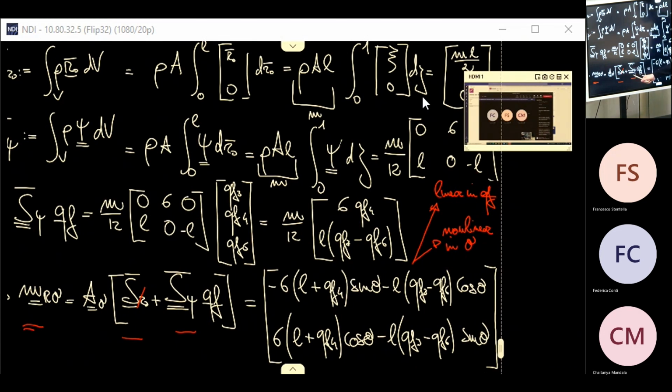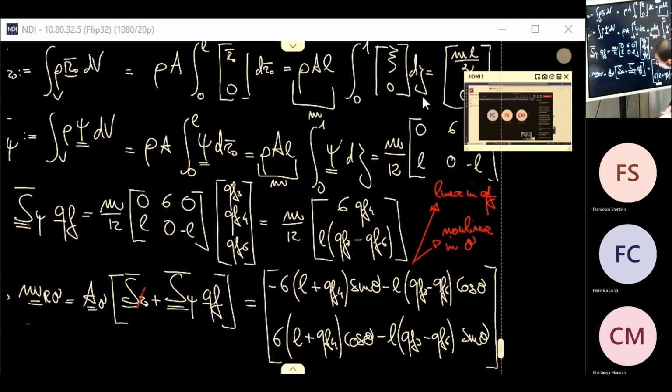But if you define the inertia shape integrals like S, R, 0, and S, psi, you estimate it only once, and then depending on the new value of, for example, in this case, the elastic coordinates, you straightforwardly do a multiplication, and you have already the mass matrix. Okay, that's why even in codes, even in Adams, you have the definition of these inertia shape integrals, because they allow the estimation of the mass matrix to be so much faster.